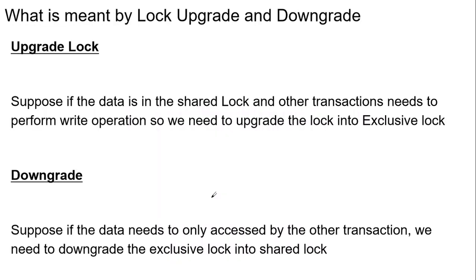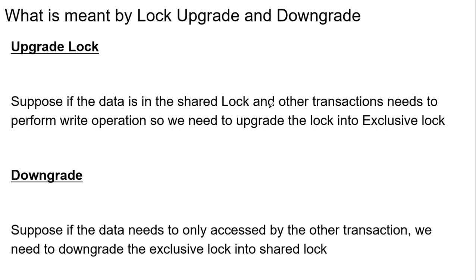Now one more thing that we need to know regarding the 2PL protocol: upgrade lock and downgrade lock. Upgrade means, suppose my current lock is a shared lock. If the data is under a shared lock, other transactions would not be able to manipulate it. But in some scenarios, if a transaction needs to manipulate the data, the existing lock needs to be upgraded to an exclusive lock.